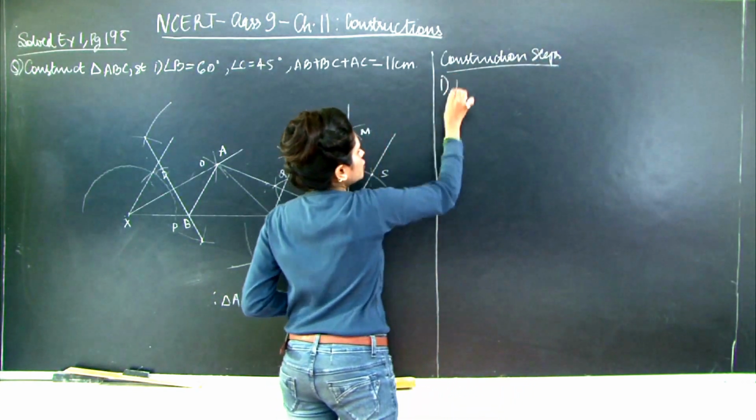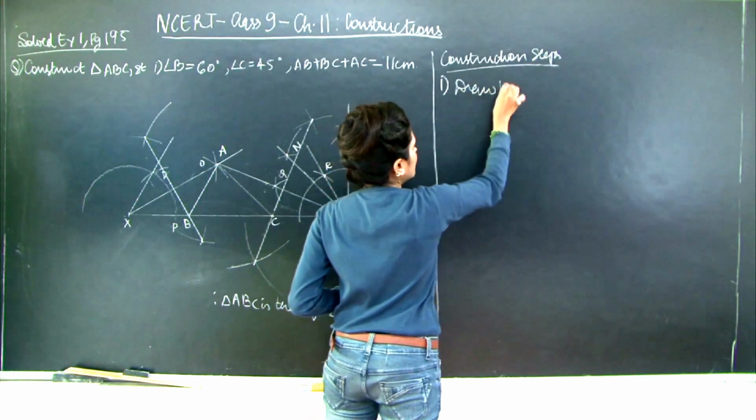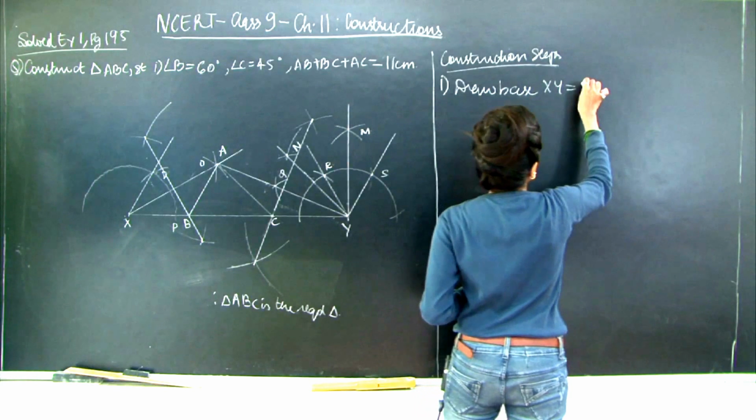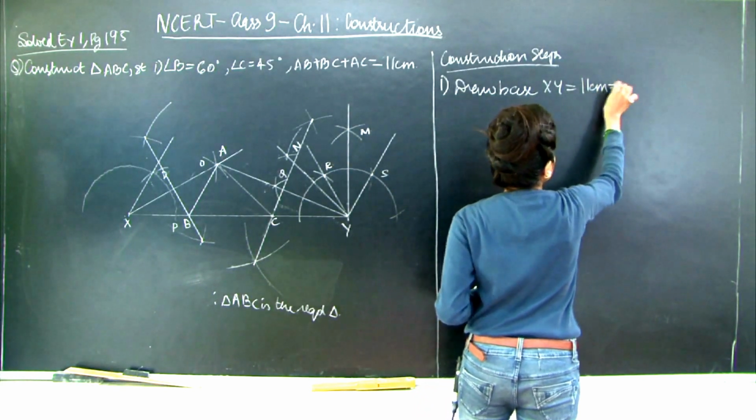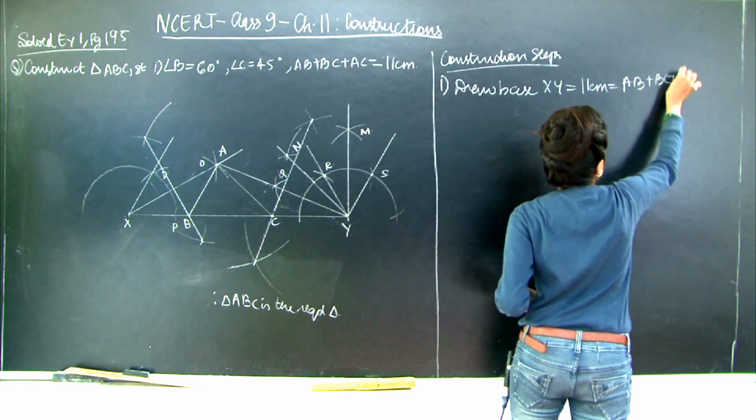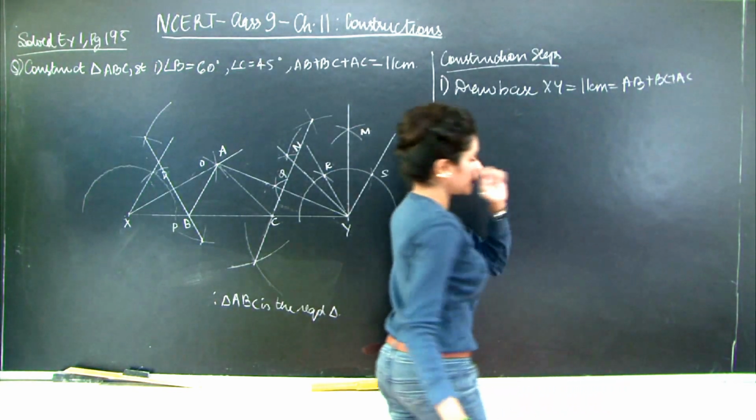Now let's go ahead and write the construction steps. Step 1, draw base XY equal to 11 centimeter, which is equal to AB plus BC plus AC, right?